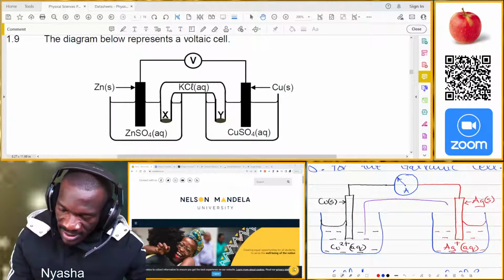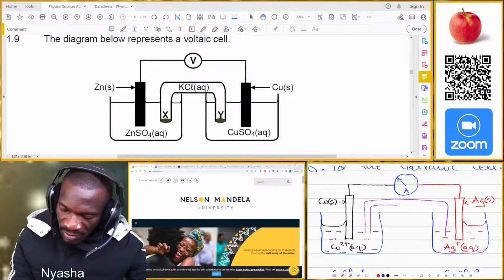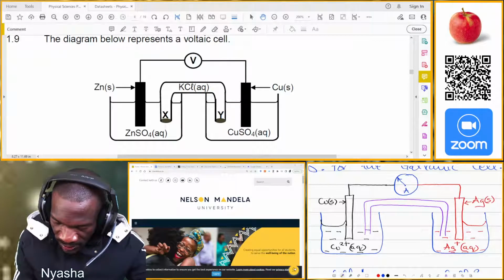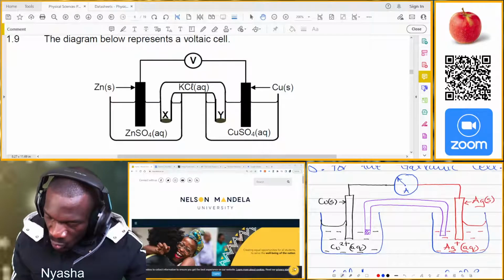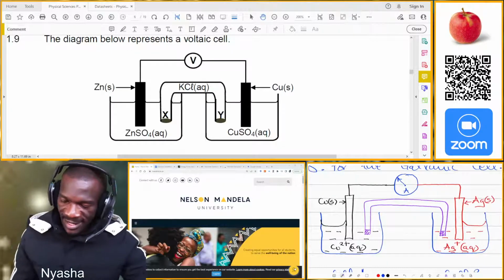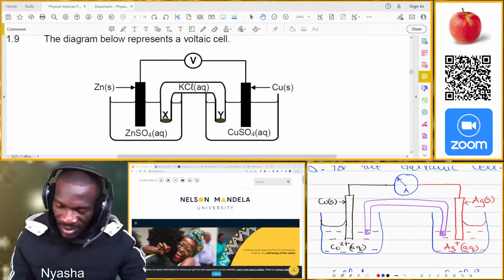And what makes up a salt bridge? We need some plug right there. So that's our plug, and we can use some wool or some cotton as our plug. Then we need a paste of the electrolyte.